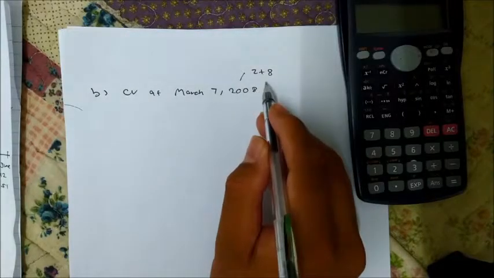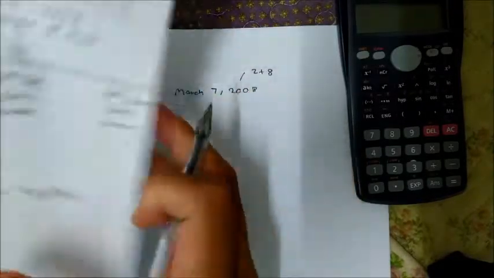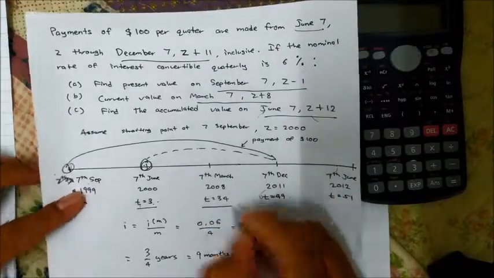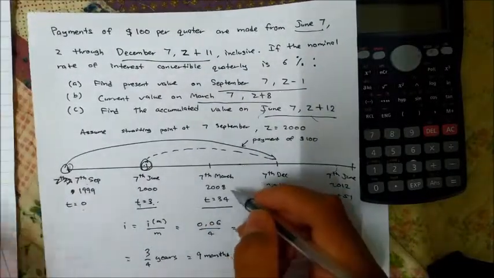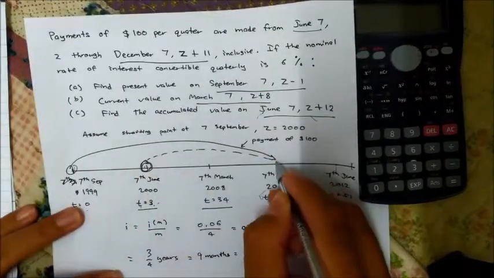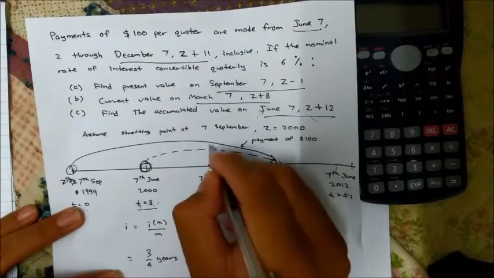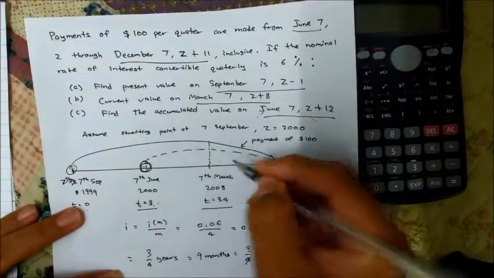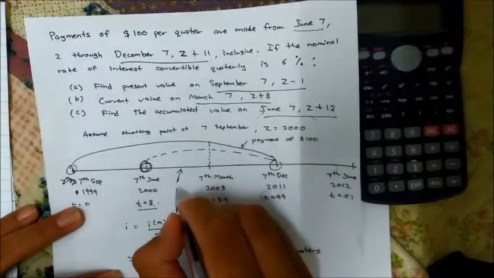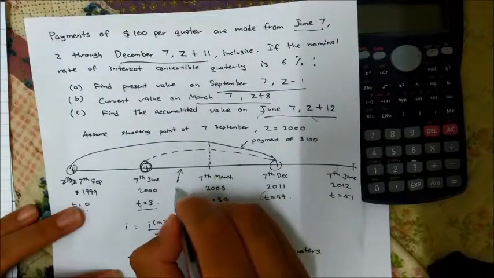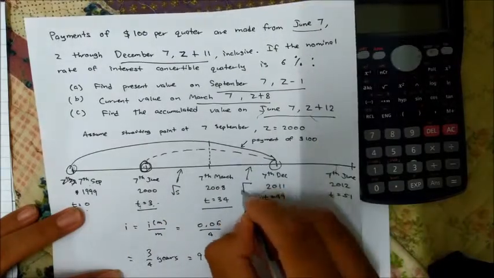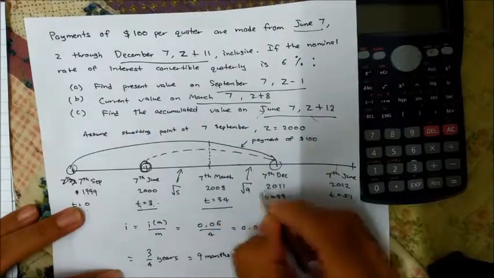For question B, we need to find the current value at March 7, 2008. If you look at the timeline again, 7th March is here. Since the payment is from here to here, firstly we split it into two parts. Here we will find the accumulation value, and here we will find the total present value.